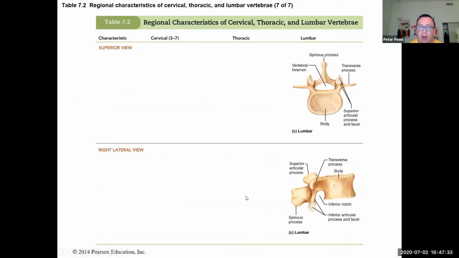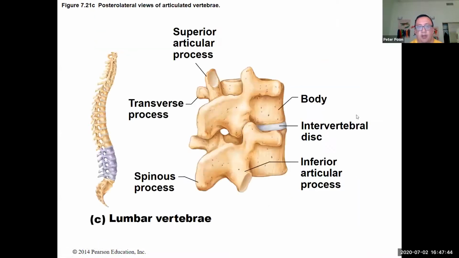For lumbar vertebrae, the spinous process is thicker and pointed straight out. If you look at the lumbar vertebrae, I hope you guys see the moose, face, antlers, like facial things that hang off the moose.